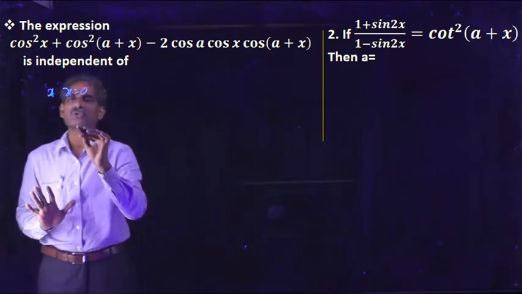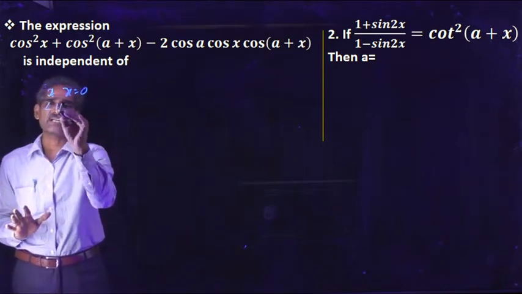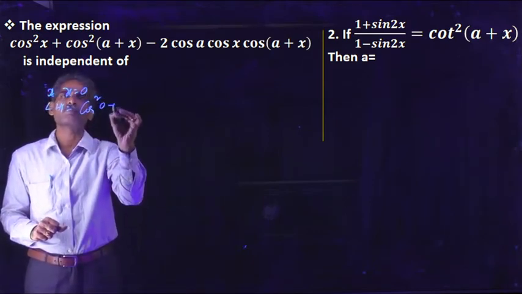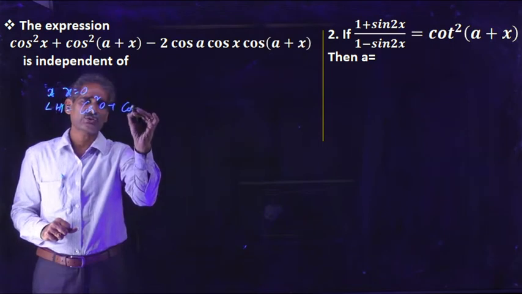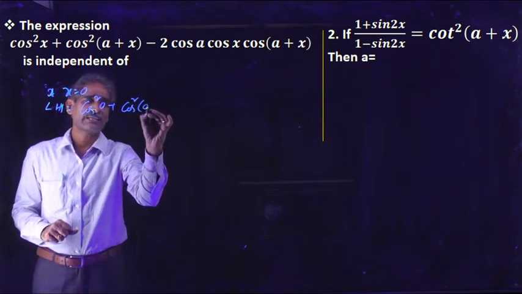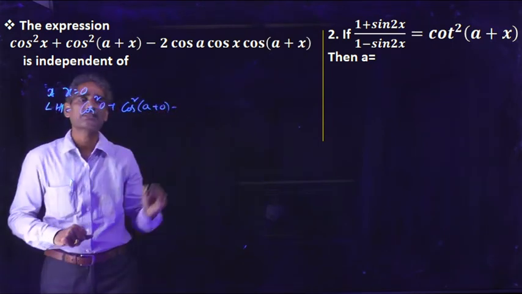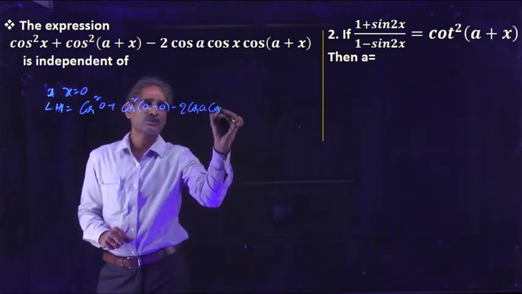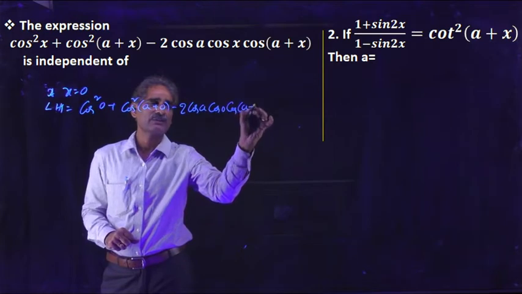If x equals 0, the left hand side, LHS, becomes cos square 0 plus cos square a minus 2 cos a cos 0 into cos of (a plus 0).